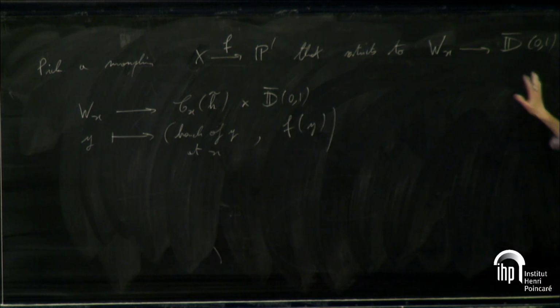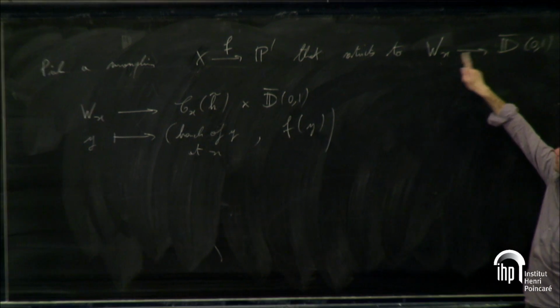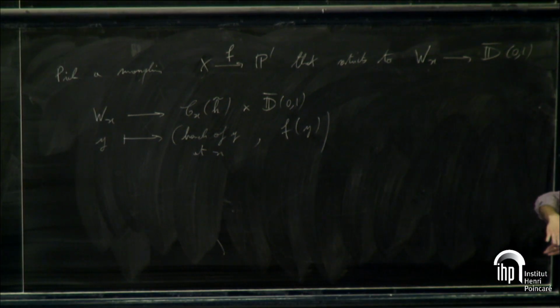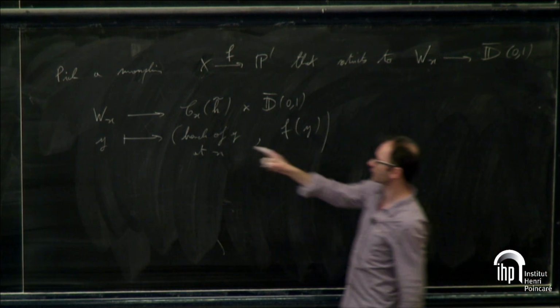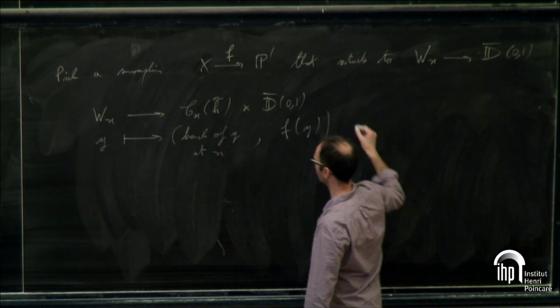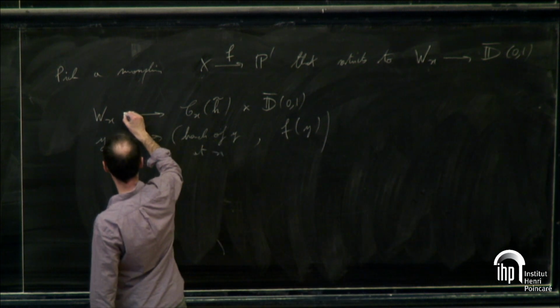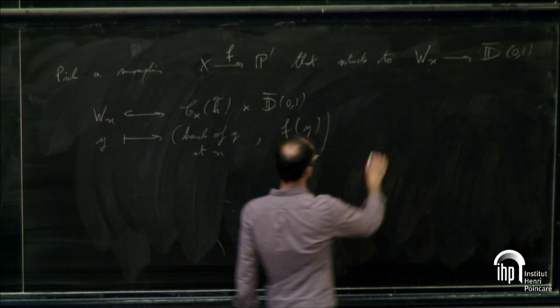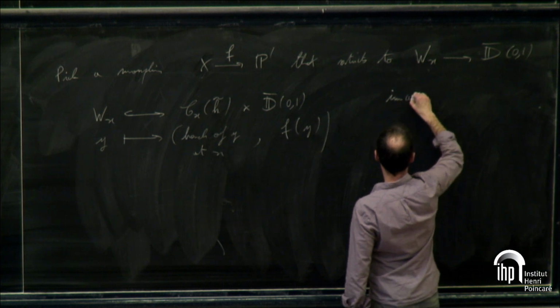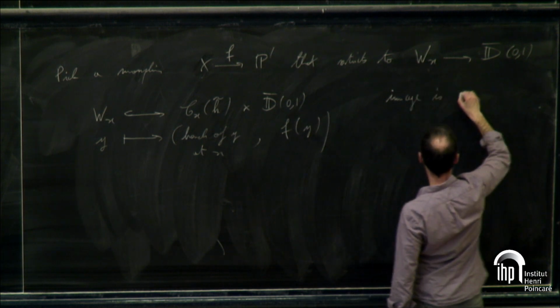So it means that you just basically see this Wx as a cover of this disk, but you keep in mind which branch you were in the initial curve. And if you do this properly, this is injective. Okay. And the image is definable.